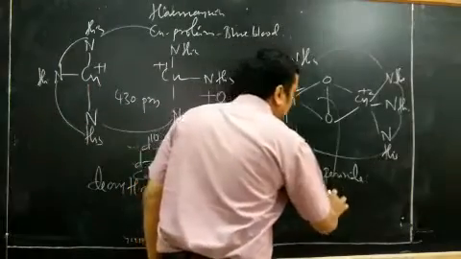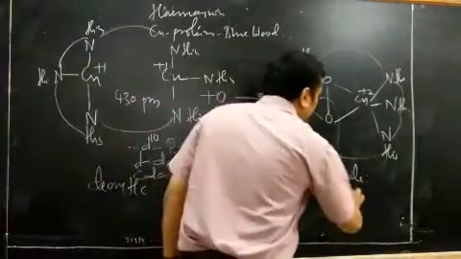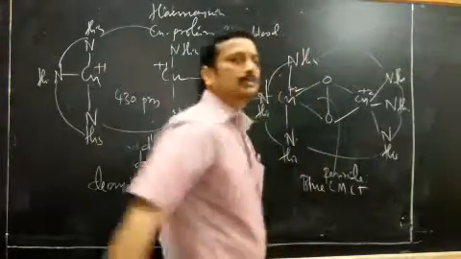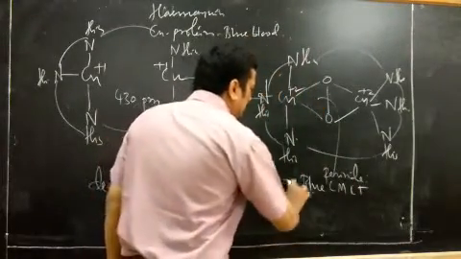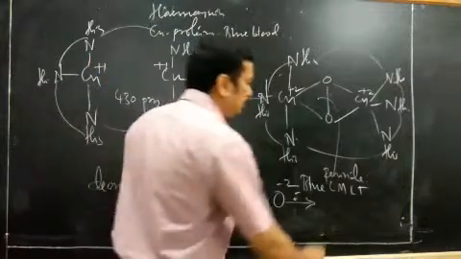Why is it blue in color? Because of the LMCT, the ligand to metal charge transfer, where the electrons of the peroxide are transferred to the empty d orbital of the copper.